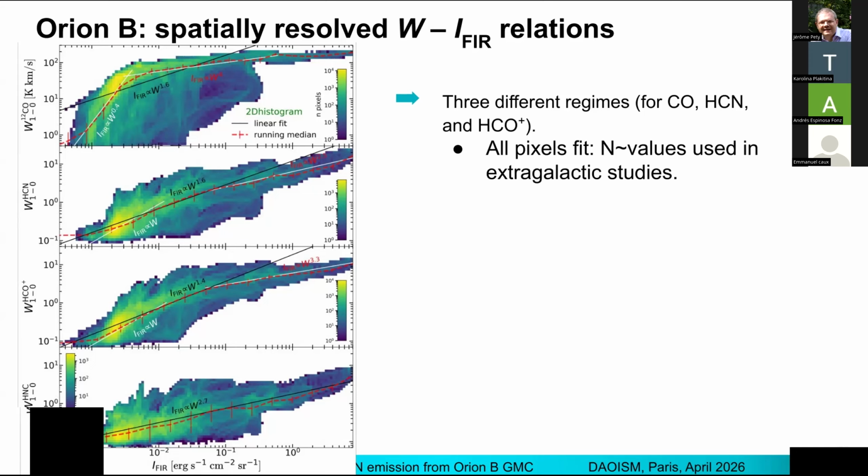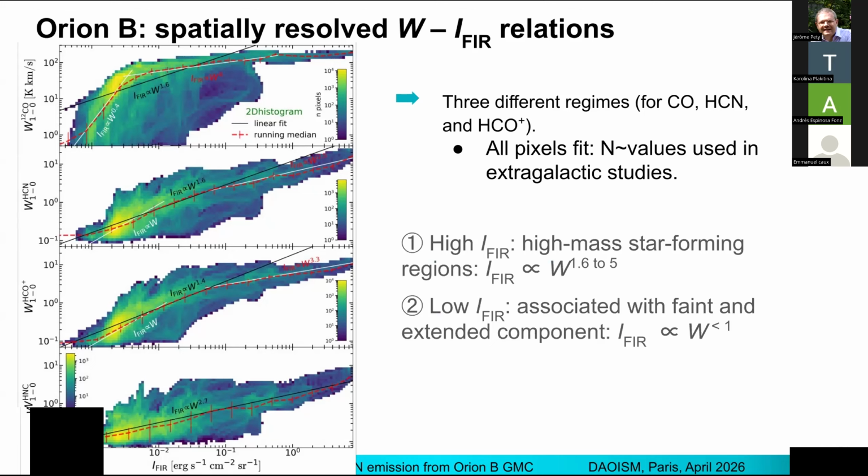While for HNC, we only find a single regime. So for high infrared intensities, the relationship between the line intensity and the far infrared intensity, or the G0, that is because they are comparable, is superlinear, like 1.65, while the relation at low far infrared intensity is sublinear. While, as I said, HNC is always superlinear.